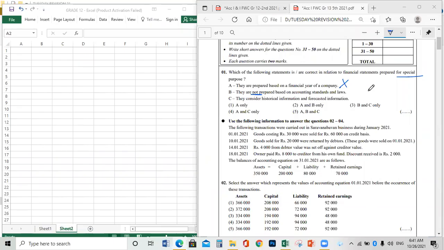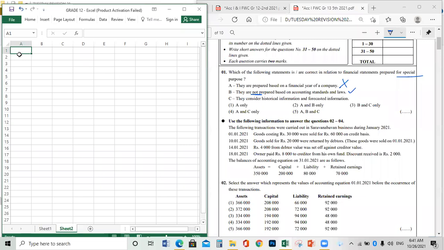Okay, now see, they consider historical cost information, historical and forecasted, true or false? Think about management accounting. As I told you, when they say special purpose, I want you all to think about management accounting information.